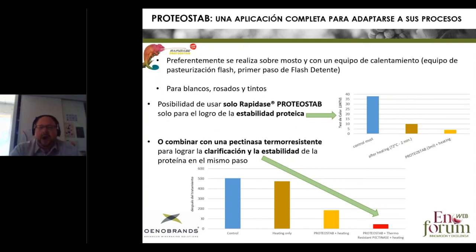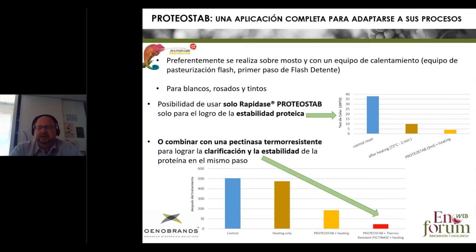It can be used on white, rosé, or red wines. And you can use Rapidase Proteostab alone to achieve protein stability.